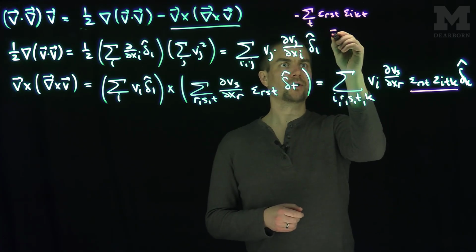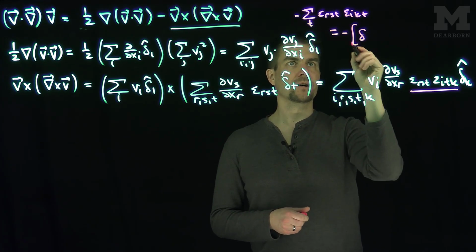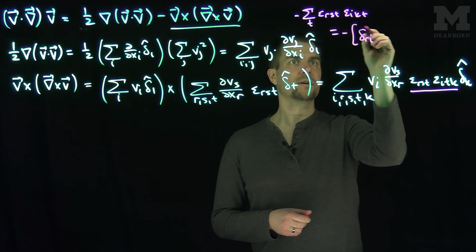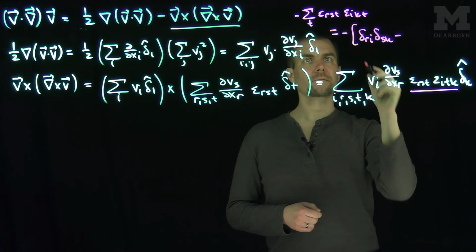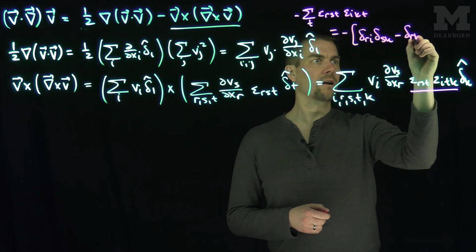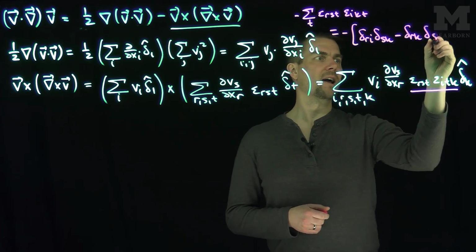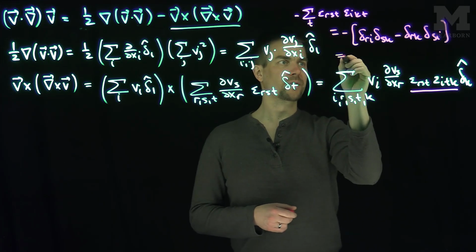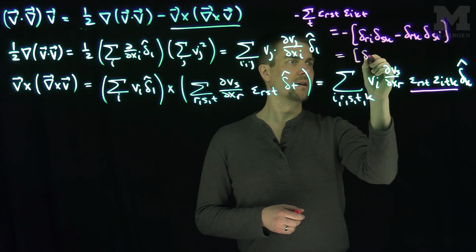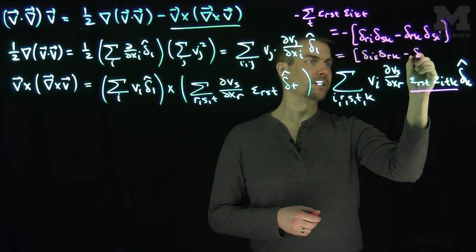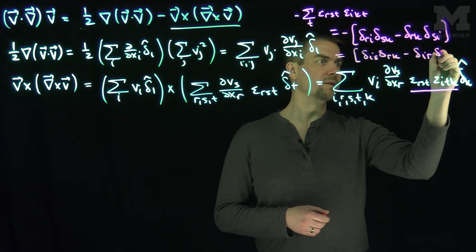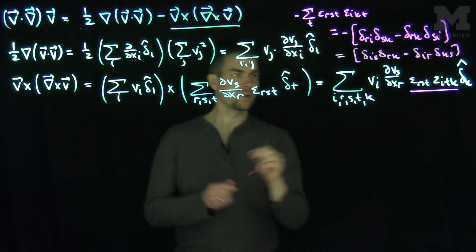By match-mismatch, this is going to be negative delta ri delta sk minus delta rk delta si. So if I flip the sign, this becomes delta si delta rk minus delta ir delta ks. Let's simplify that.